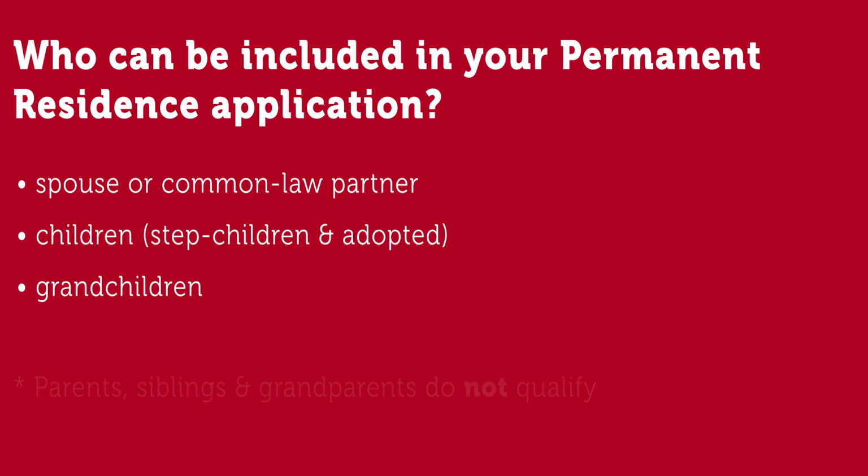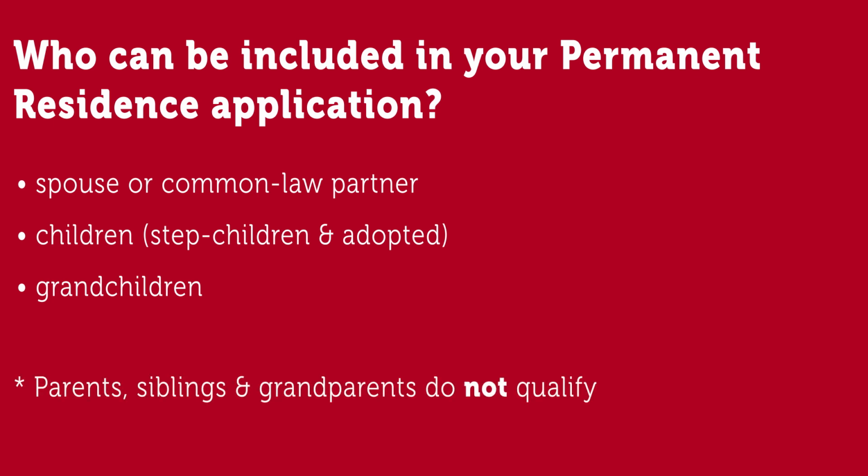Unfortunately, parents, siblings, and grandparents do not qualify as dependents and cannot be included in your PR application. Family members who are outside of Canada will receive their permanent resident visa to join you in Canada once you have been granted permanent resident status.